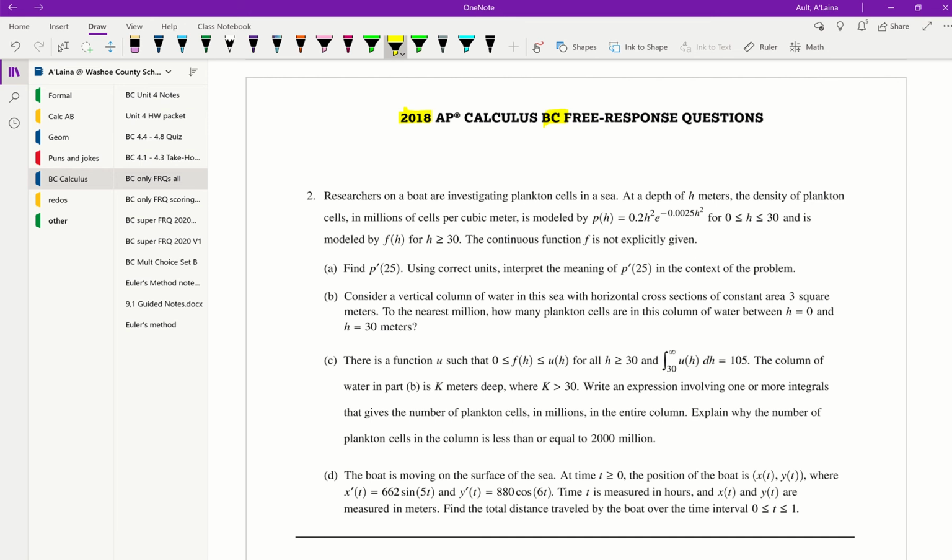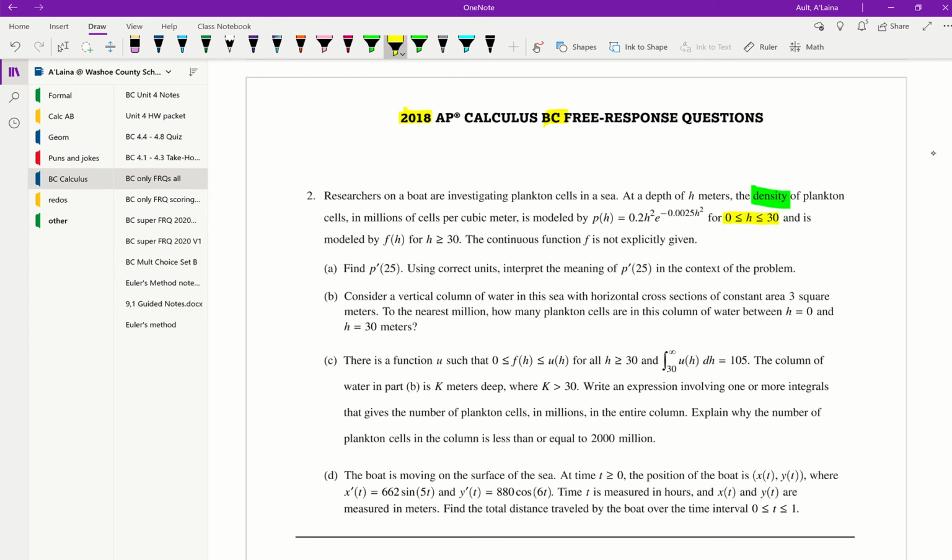So for question number 2, this was one that kids really struggled with, mostly because of parts B and C. Researchers on a boat are investigating plankton cells in a sea. At a depth of H meters, the density of plankton cells, in millions of cells per cubic meter, is modeled by P of H equal to the expression, valid when H is between 0 and 30.